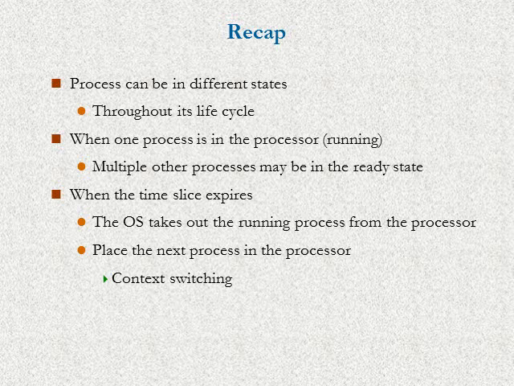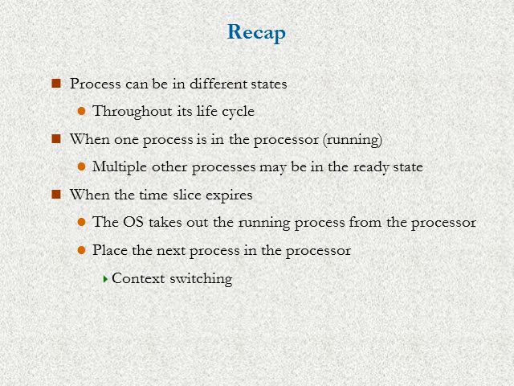When a particular process is running in the processor, it is a possibility that in the meanwhile multiple other processes may be waiting or they may be ready in the ready state, which means that they are ready to get executed and they are just waiting for this process to complete its time slice.